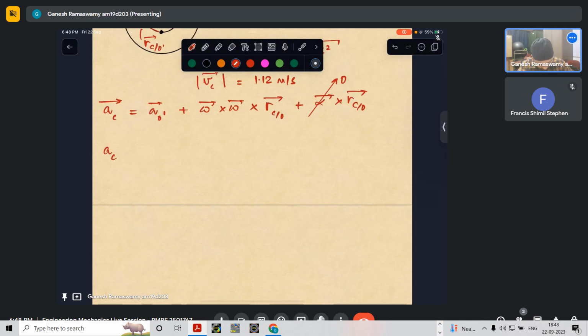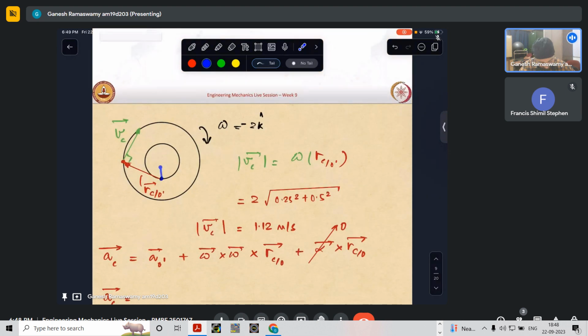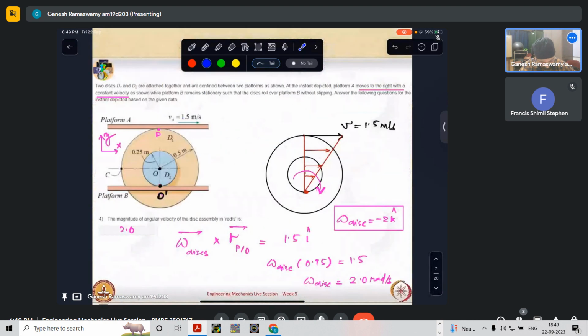Now, for a disk which is rotating, with O prime being the ICR, it will have a centripetal acceleration pointing towards the center of this curve. Its magnitude will be omega squared R, which R? This will be the R, which is 0.25.